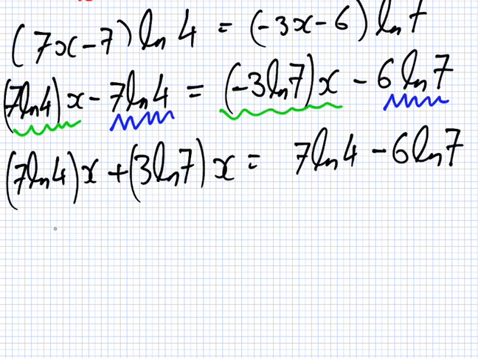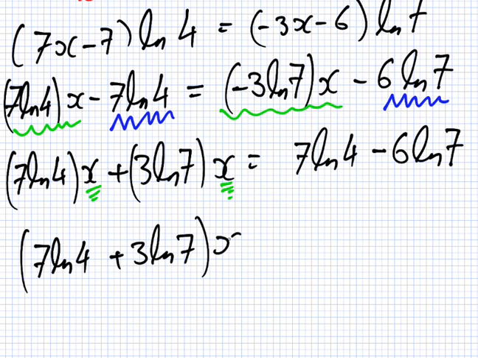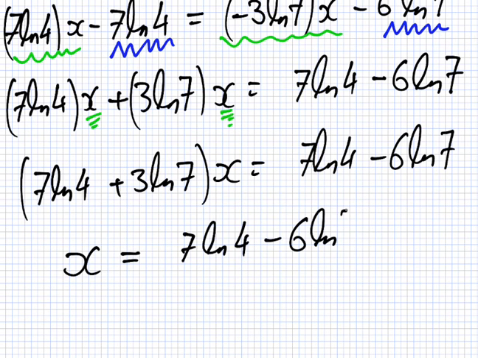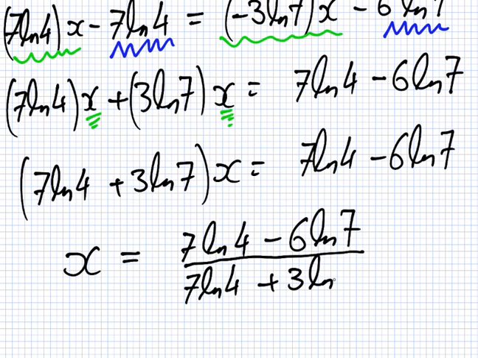And you can see on the left that x is in common to both. So now I can say (7 log 4 plus 3 log 7) x equals 7 log 4 minus 6 log 7. So we're just one line away from the answer. X equals 7 log 4 minus 6 log 7 all over 7 log 4 plus 3 log 7.